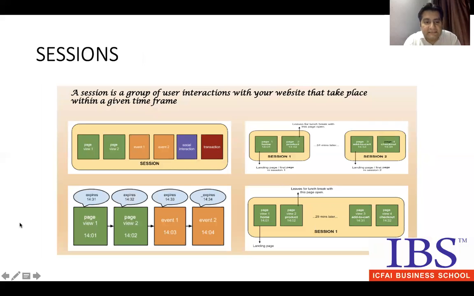Now, as far as sessions are concerned, there can be complete tracking of somebody visiting from page 1 to page 2, or going to the event page and then exiting, or coming from the landing page and spending some time on page 1 and page 2, then there was a break, and then again they visited page 3 and page 4, and then they checked out. As you can see the entire thing in this image.